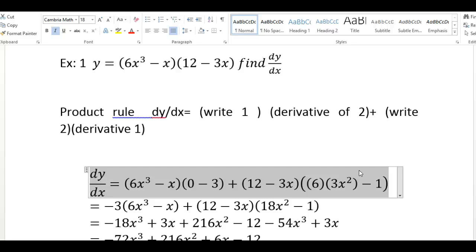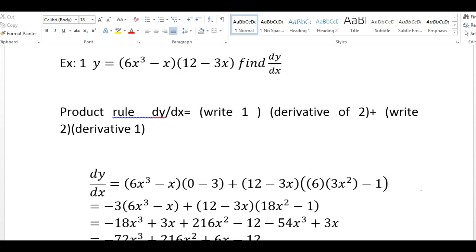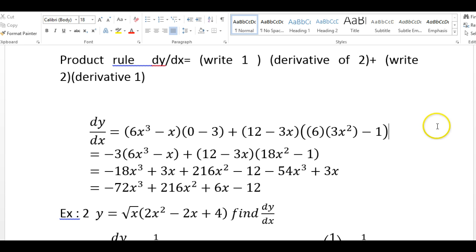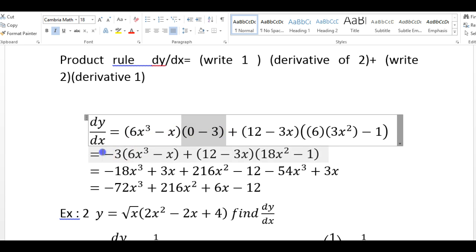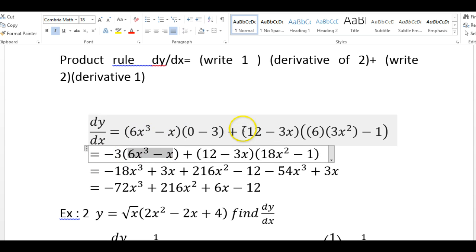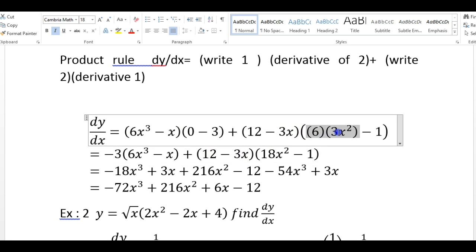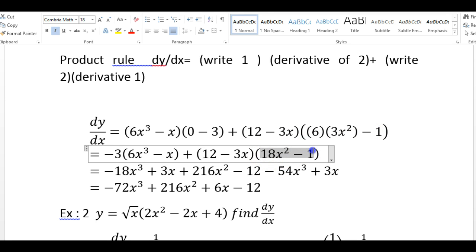Now that's the part that bothers students most, really, because the rule itself is very simple, but there's not much I can do about the algebra. So let's do the maximum simplification. Now let's try to simplify this. 0 minus 3 is negative 3 times 6x cubed minus 6, plus 12 minus 3x. When you simplify this, 6 times 3x squared is 18x squared, minus 1.